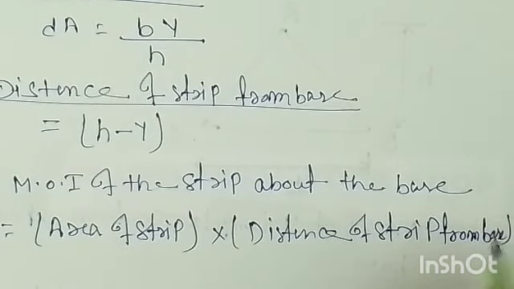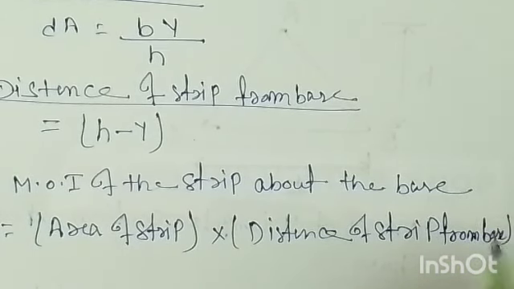So 2 sixes are 12, so this is 6, plus 4 threes are 12, so this is 3, minus 3 fours are 12, that is 8, right? So 6 plus 3 is 9, 9 minus 8 is 1 by 12, meaning the equation is b h cube by 12. So the moment of inertia of a triangular section about the base is b h cube by 12, which you already know. This is how you can get the moment of inertia of a given triangular section about the base.